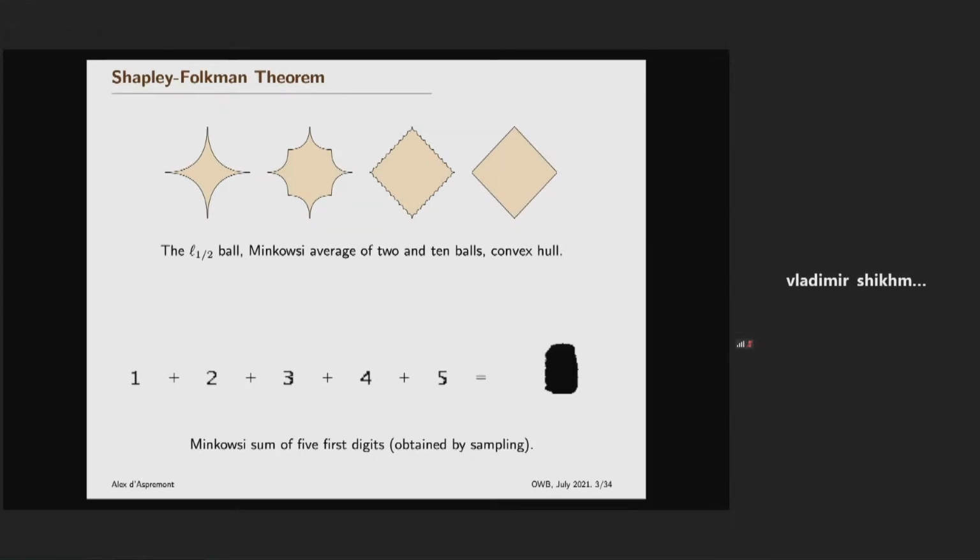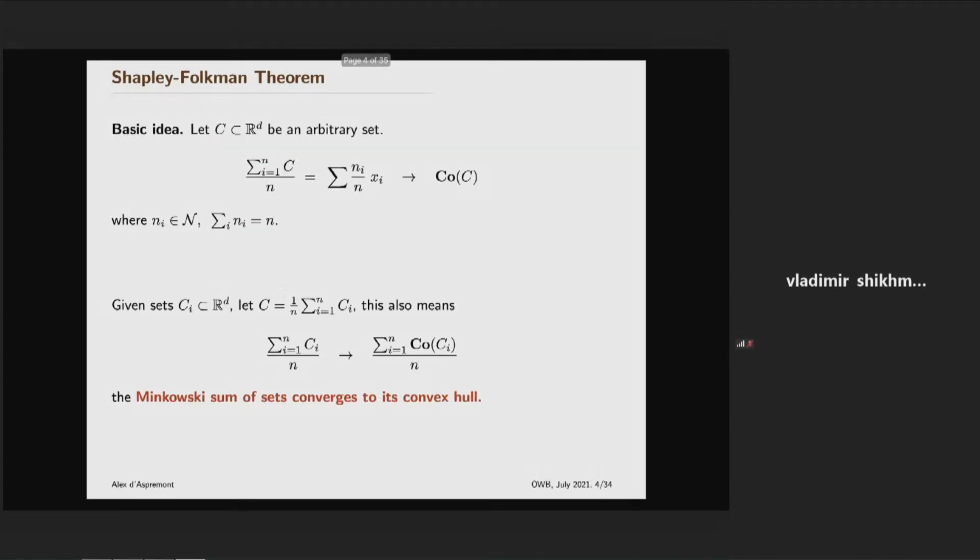It turns out that this can be quantified fairly precisely, and the intuition behind this phenomenon is fairly simple. Why? Well, if you take C an arbitrary set, and you look at what you get when you take the mean of n times C, these are points that can be written as the sum of ni over n times xi, where xi is repeated ni times in the sum.